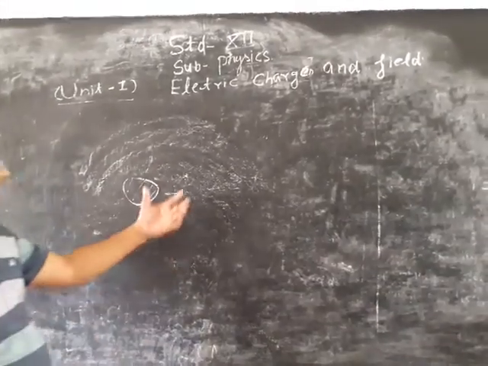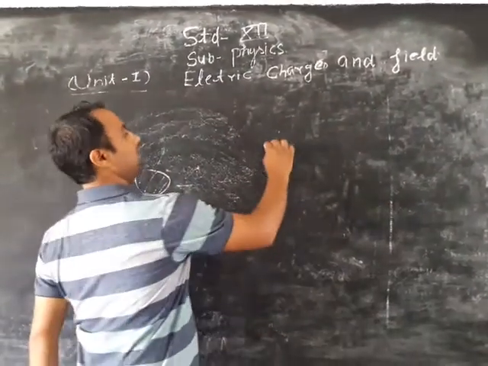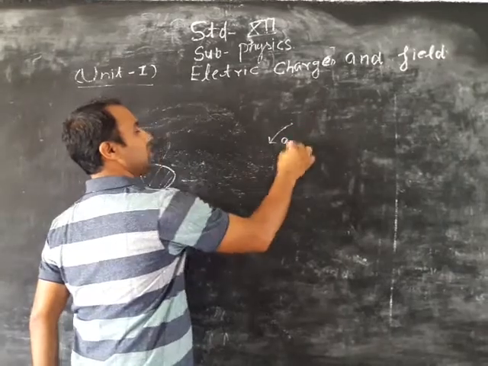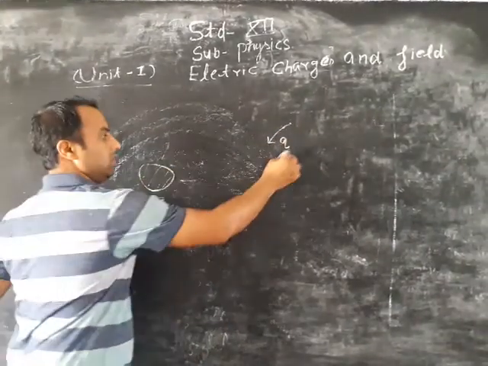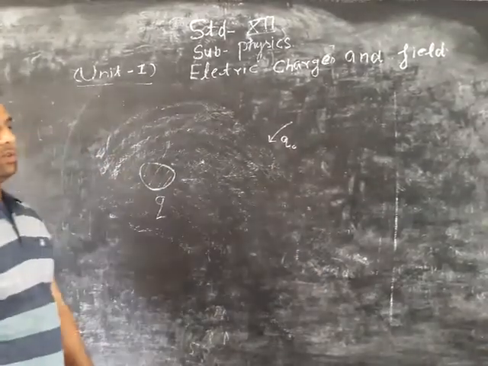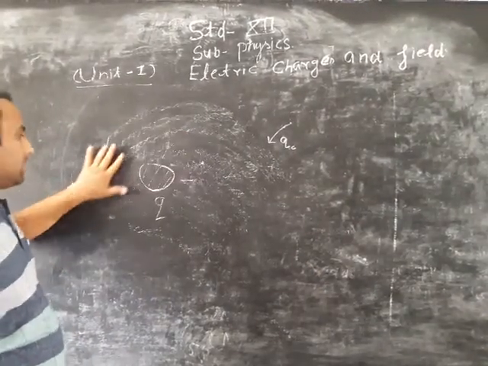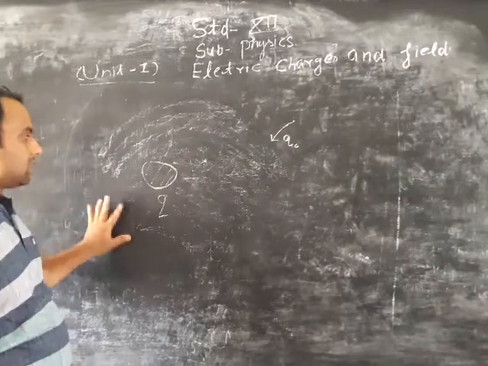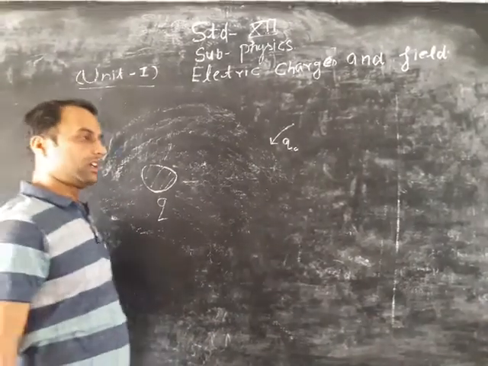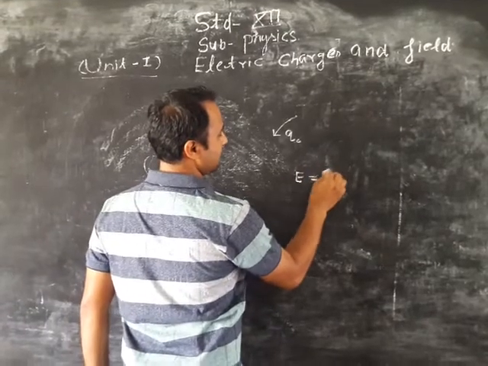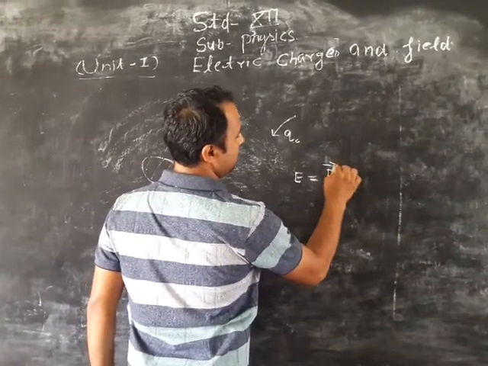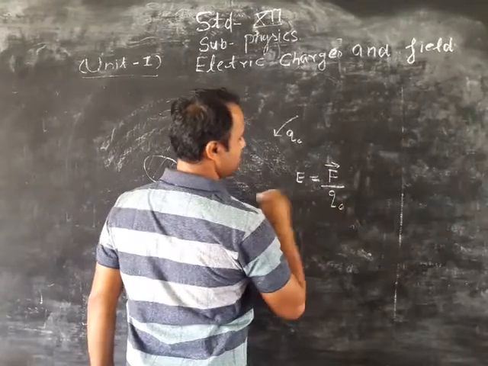It means a charge is coming from some place and this test charge Q0 experiences a force in this region, and the region in which it experiences a force is called the electric field. The basic definition of the electric field is force per unit test charge.